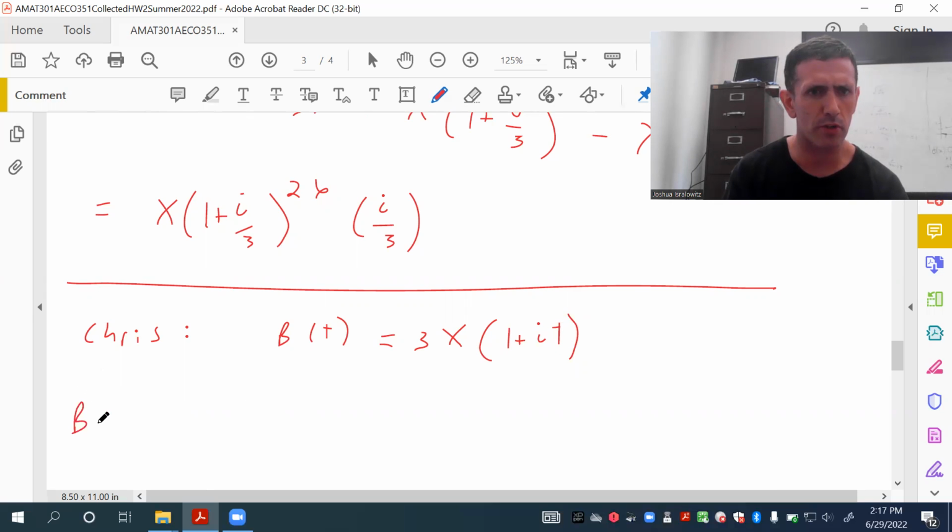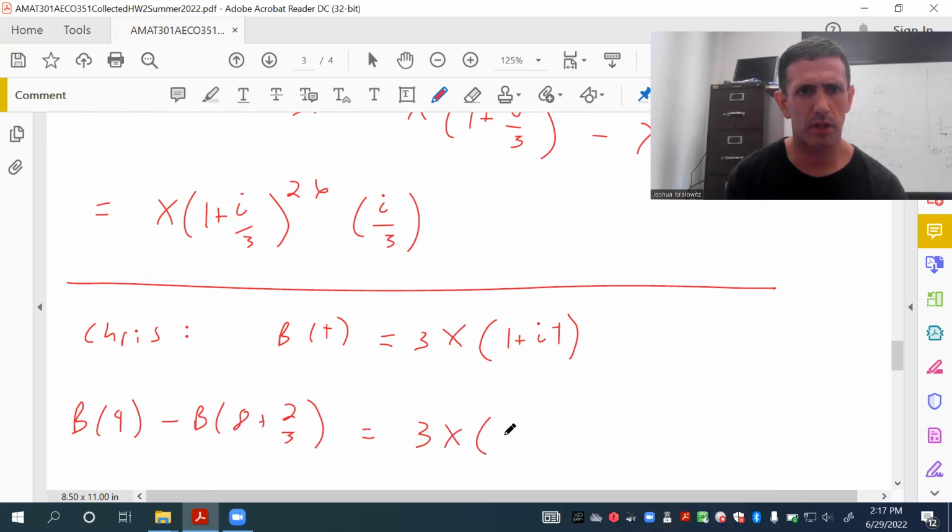So the interest earned for Chris in the last 4 months of the 9th year, same thing. So it's 3X times (1 plus 9I), minus 3X times (1 plus (8 plus 2/3) I).